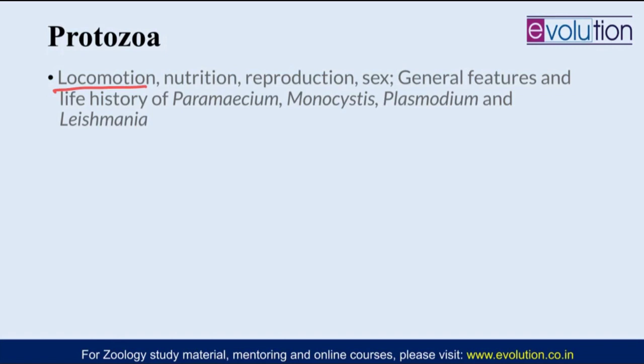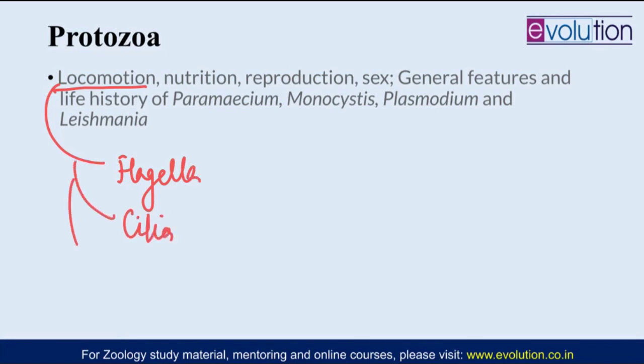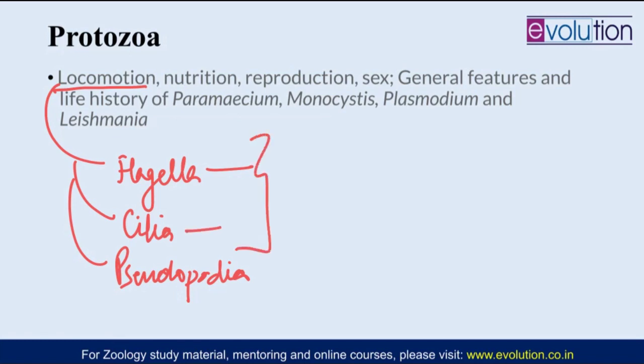They may have cilia, they may have flagella, they may move using pseudopodia. The flagellates will have flagella, the ciliates will have cilia, and there may be pseudopodia. Within these there may be different categories under flagella and under cilia, and here you also have to compare flagella and cilia.